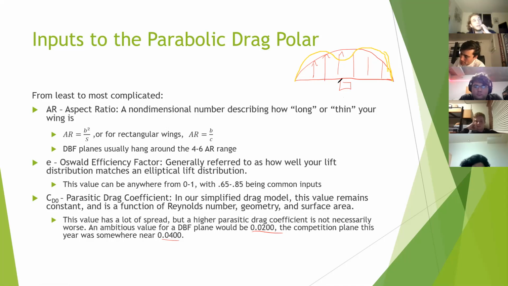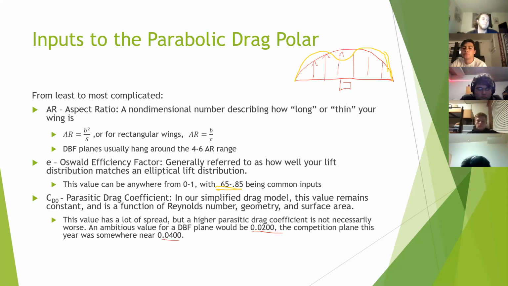And the Oswald efficiency is basically the percent error between those 2 distributions. Actually calculating that is something that Jake might talk about in the performance section, or the preliminary section. But for now, we can just assume a value based on generally how we do.